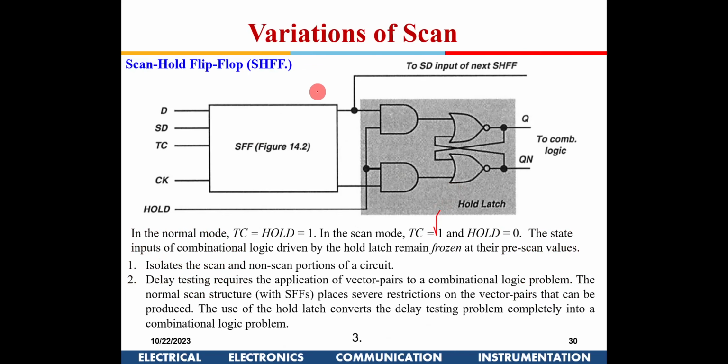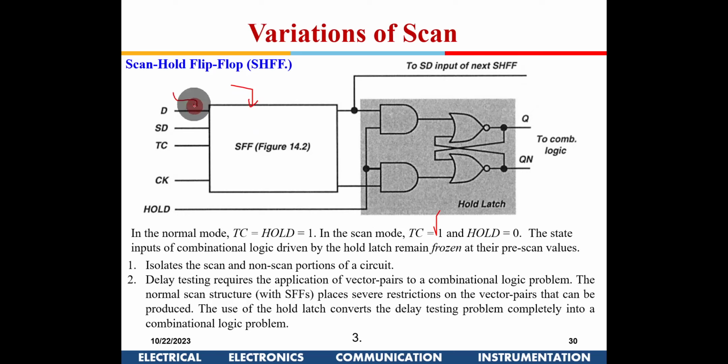Now in the last class I told I'll revisit this. This is known as scan and hold flip-flop. Okay, so this is the scan flip-flop, and we have a hold latch which is following it. Now especially when we are doing delay testing, we are doing the scan-in for the flip-flops.